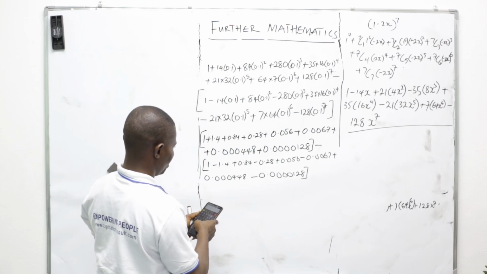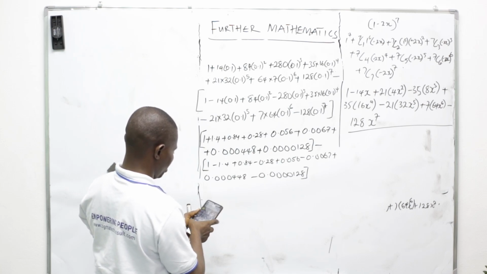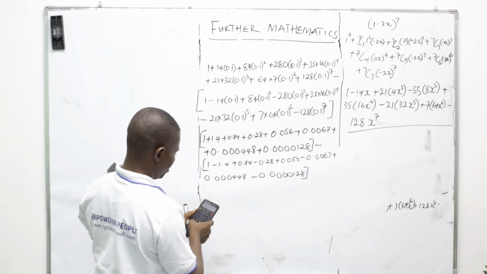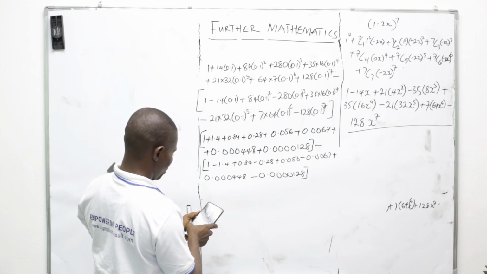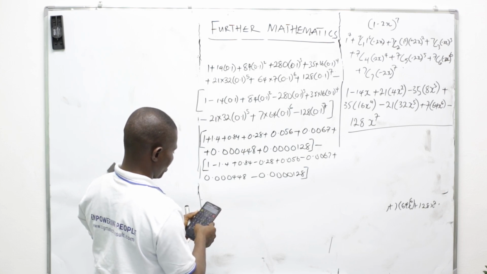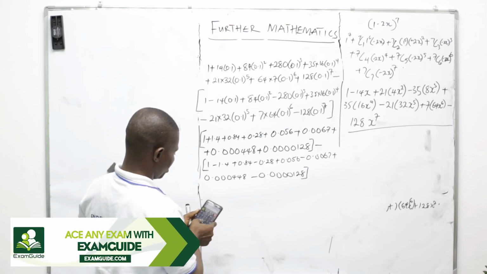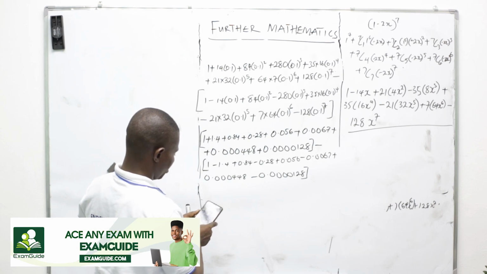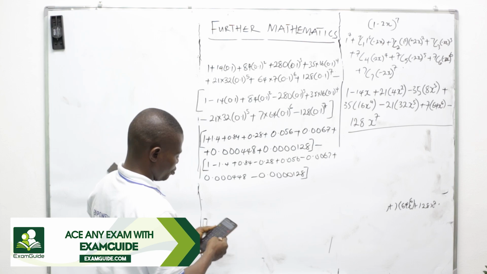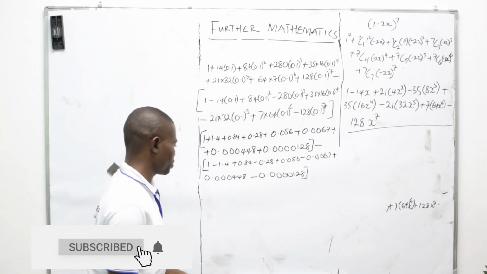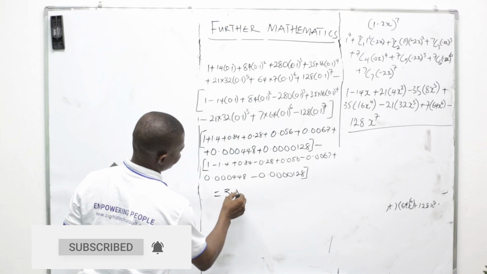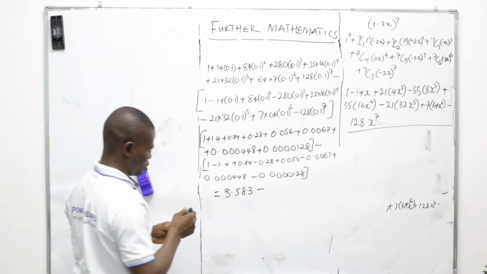Plus 0.000448 plus 0.0067 plus 0.056 plus 0.28 plus 0.84 plus 1.4 plus 1, that is 3.583.